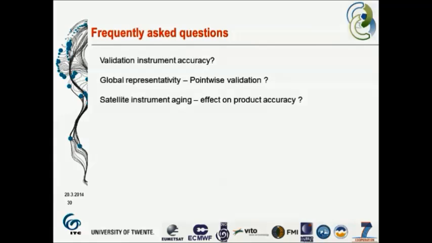And satellite instrument aging, effect on product accuracy, what can you say about that? For surface albedo, this is a really important point, simply because the albedo that we retrieve is directly related to the radiance measured by the satellite.